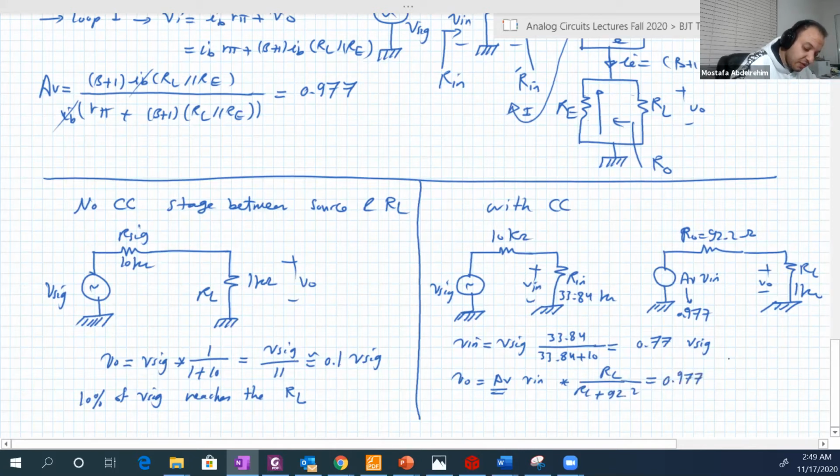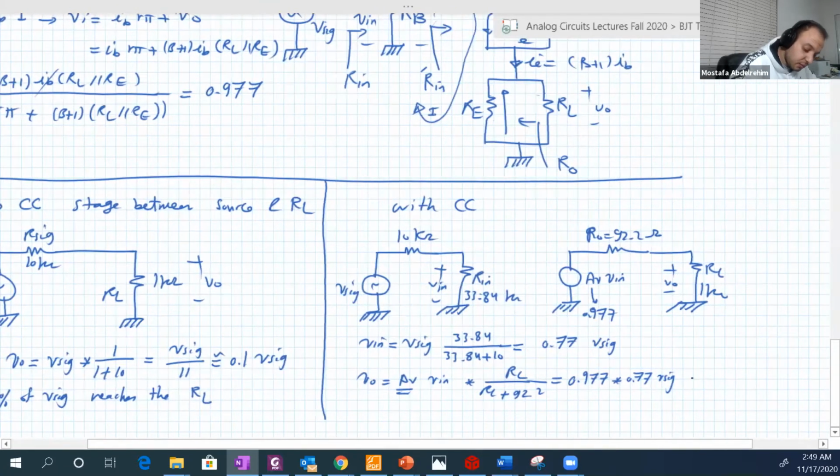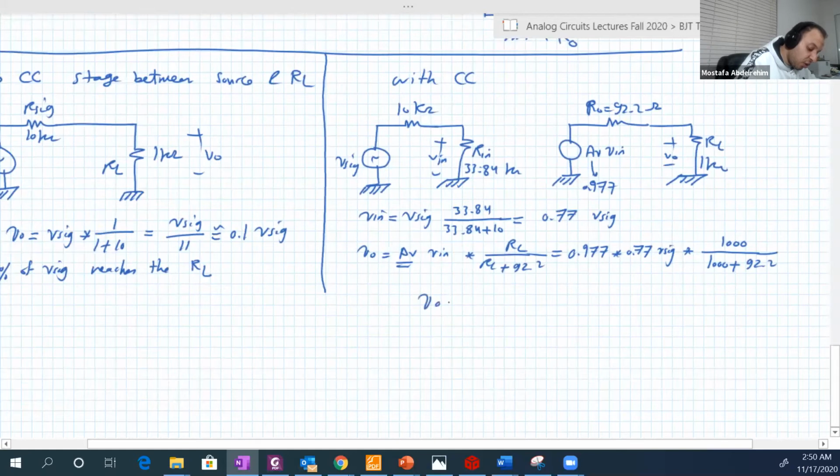R load is 1 kilo ohm, or 1000, over 1000 plus 92.2 ohms. If we do the math here, VO will be equal to 0.688 V signal.